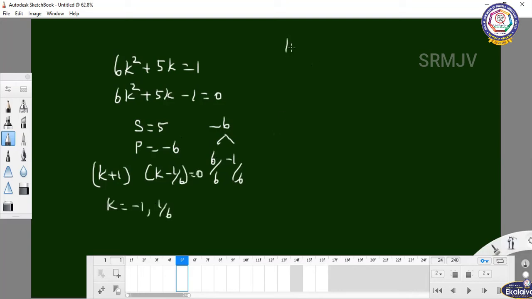K equal to minus 1 is not possible because a probability value cannot be negative. So k takes the value 1 by 6, because f of x lies between 0 and 1.